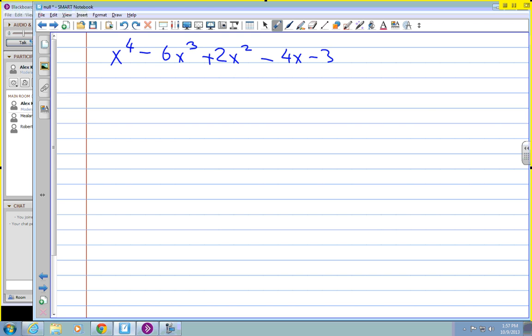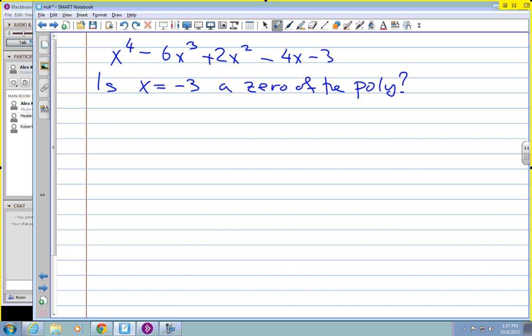And I'm going to ask you, is x equals negative 3 a 0 of the polynomial? So there are two ways of doing that. You can just take negative 3 and plug it into your function and see what the answer is, because you want the answer to be 0, right? Or you can run it really fast through the synthetic division.